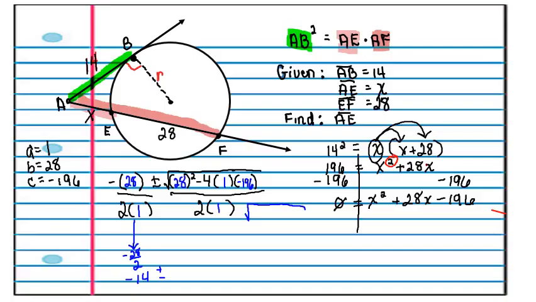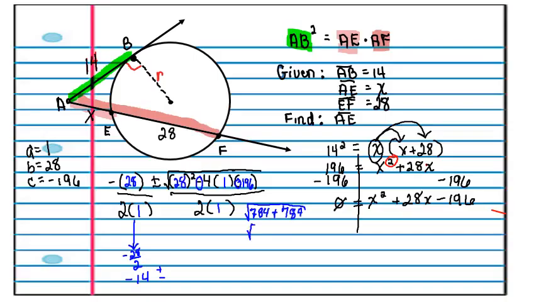Use that handy little squared button on your calculator so you get 784. Plus, because we have a negative and a negative, so 4 times 196 is 784. That's interesting.